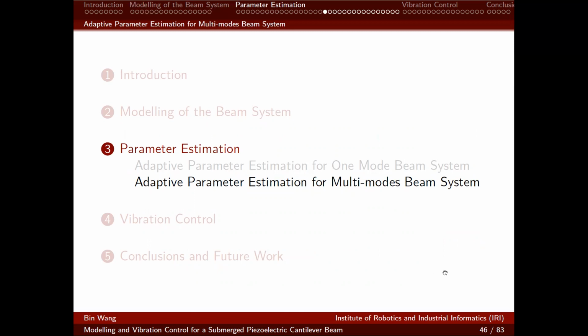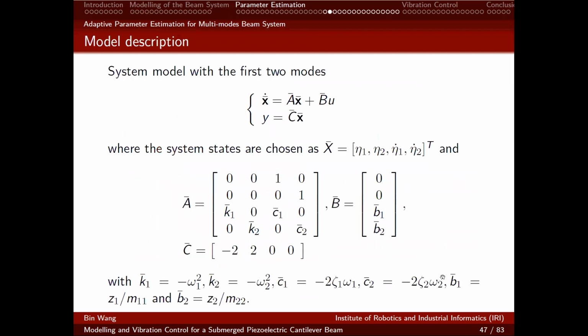For the multiple mode beam system, it will be more complicated because we have a higher order system. The model can be described in state space form. Here, we chose two vibration modes to illustrate our method.